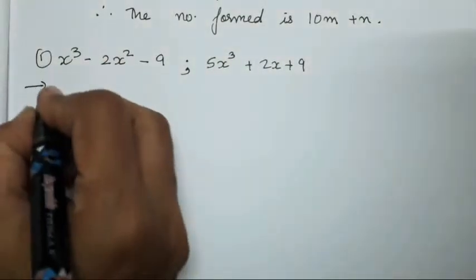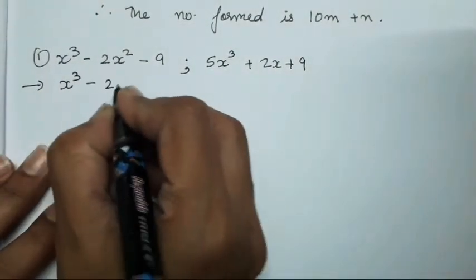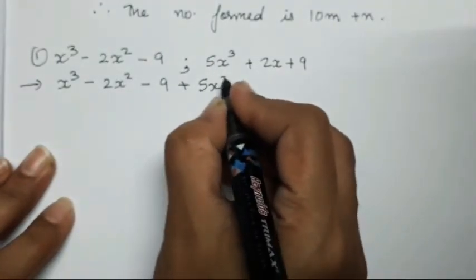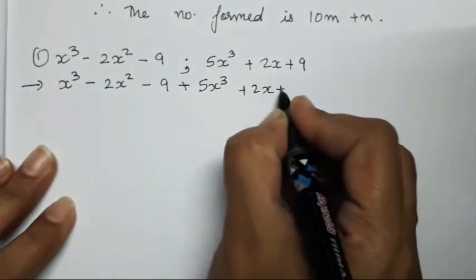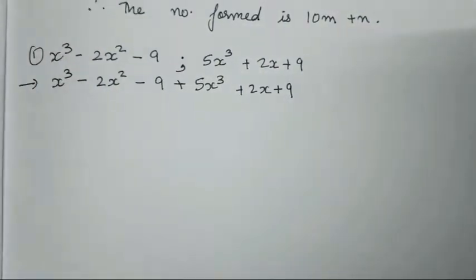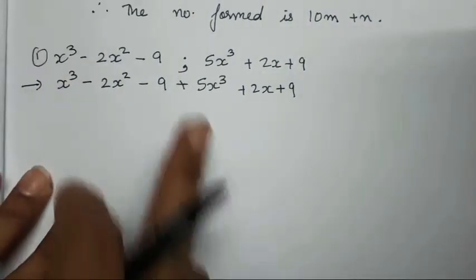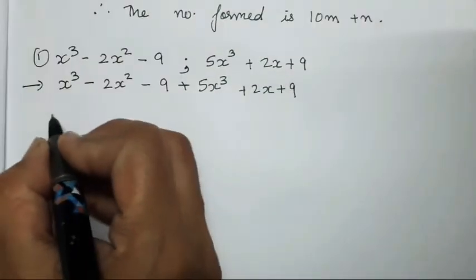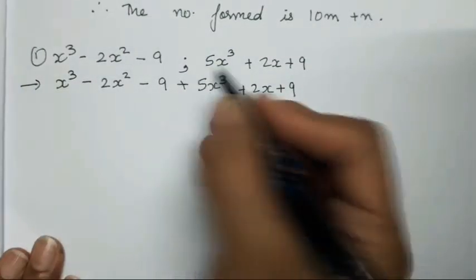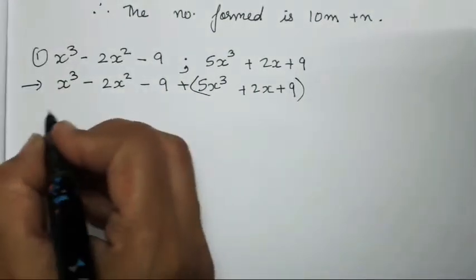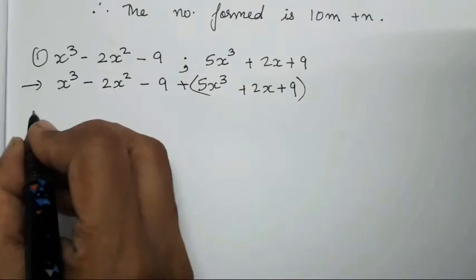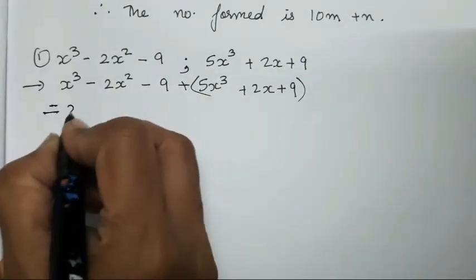So what we have to do is, the first step is to add an addition sign over here. Okay, so 5x cube plus 2x plus 9. You all can even take a bracket, but in the next step again you have to remove the bracket, so no need to write it. First we will take a bracket so that if the signs change, we can handle it.